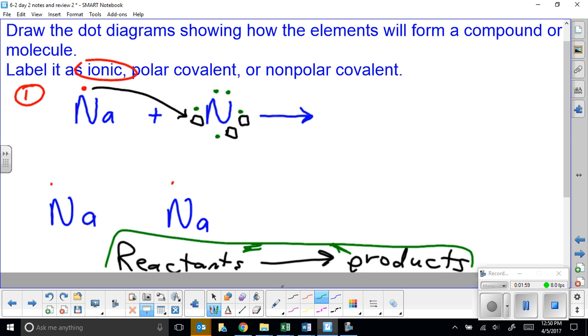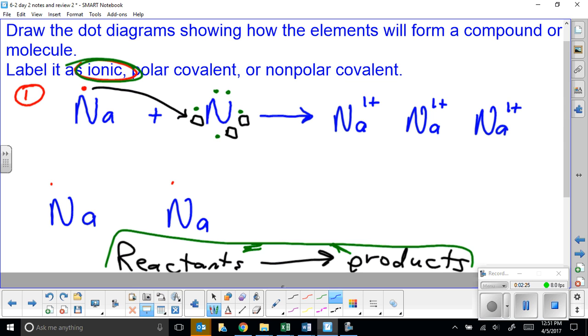So we start out with 3 sodiums that are going to react with 1 nitrogen. And when they do, because this is ionic, each of the 3 sodiums turns into an ion. Each one of them becomes a cation with a 1 plus charge.